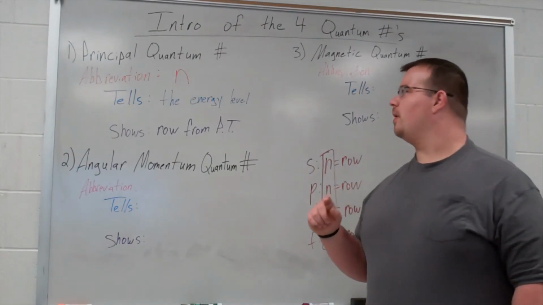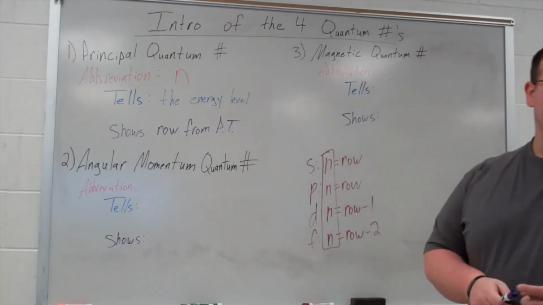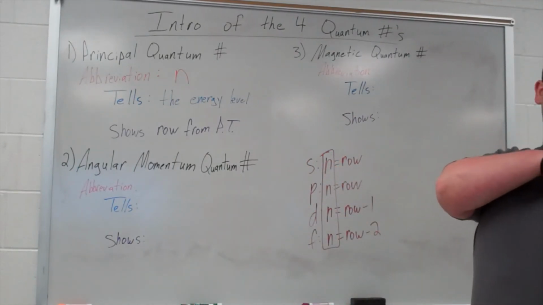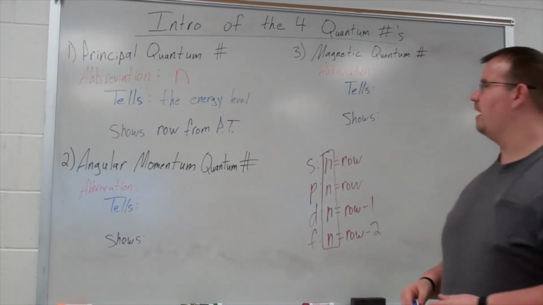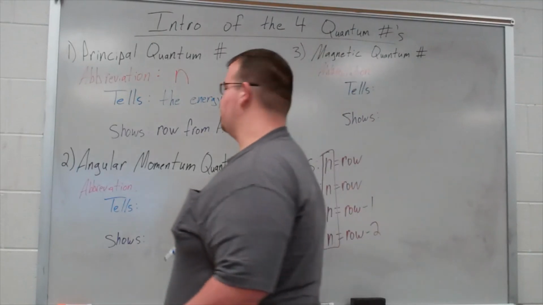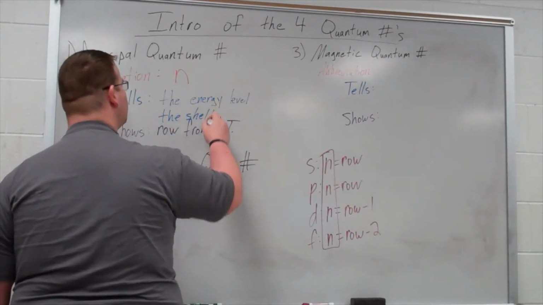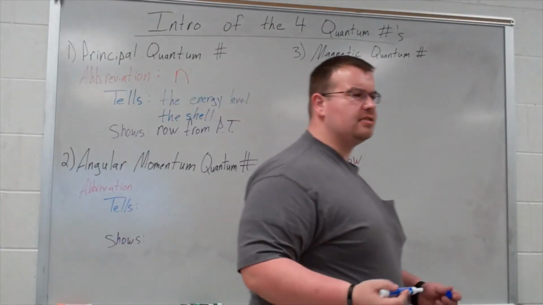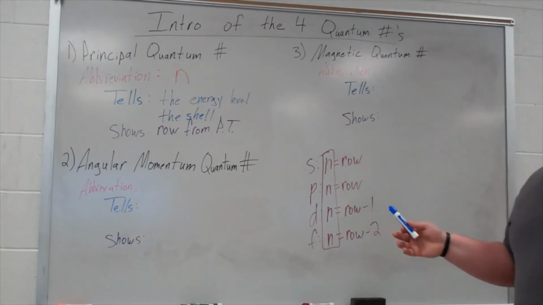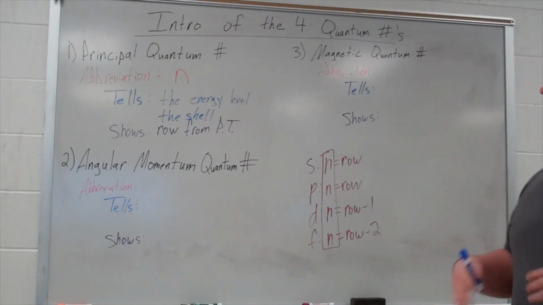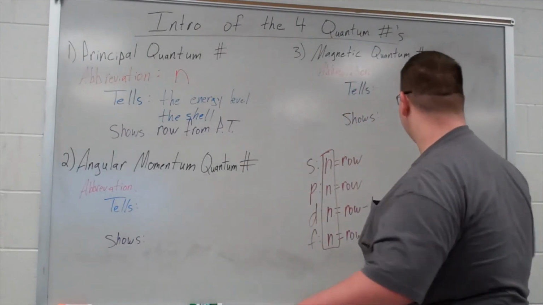So the principal quantum number has the abbreviation of n. It will tell us the energy level. There's another piece of information it will show us. It's called the shell. I want to use that terminology in case you get to college and they use it. Anymore we kind of see it going away a little bit, but it's still there because this is kind of how it looks. Remember back to Bohr's model.